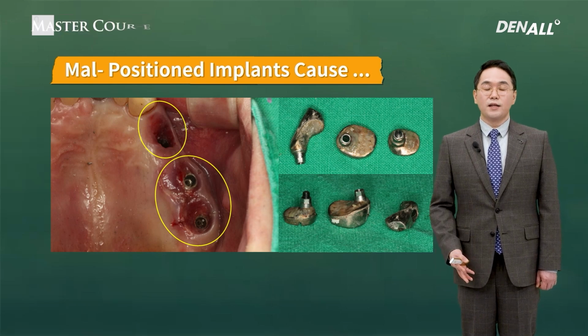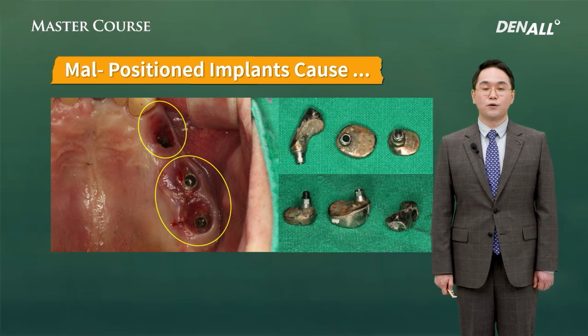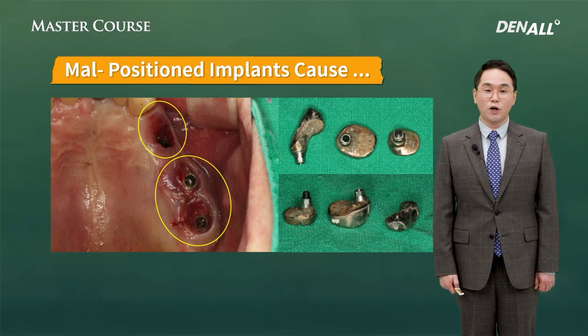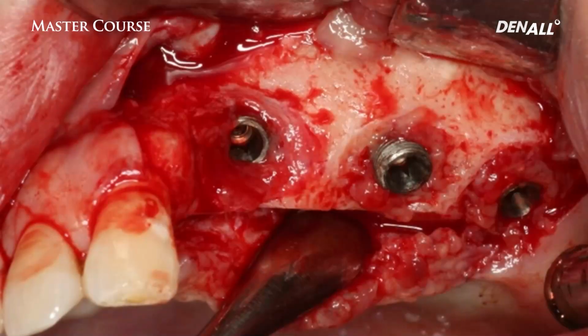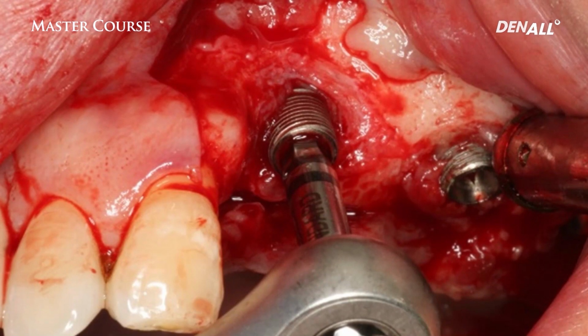Keeping those implants and replacing the prosthesis would not work here, so the implants were removed and new ones would be placed. A flap is raised and the implants were removed using a fixture remover. In the upper posterior region, a fixture driver can be used.